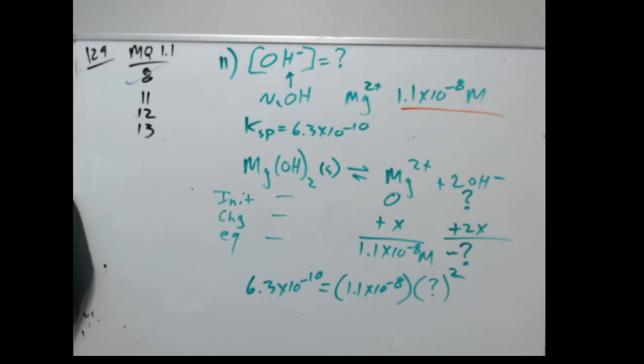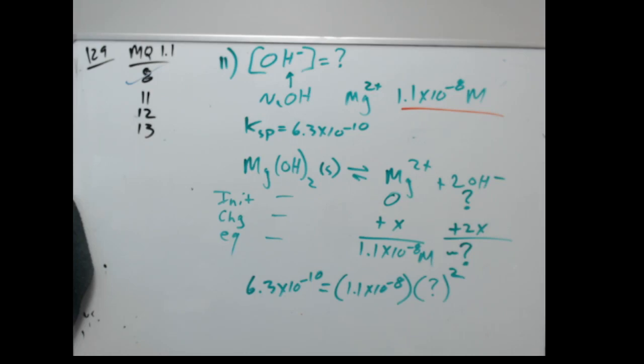Can I dump in extra hydroxide and keep the reaction going? Yeah, if I keep dumping in hydroxide, I can keep making the reaction happen. But I don't want the maximum amount of hydroxide, I want the minimum amount of hydroxide.